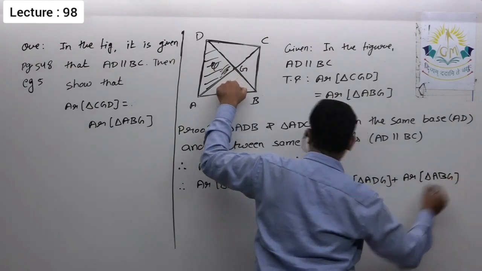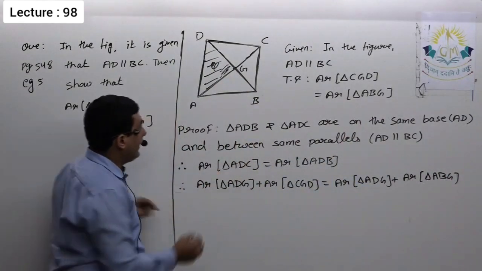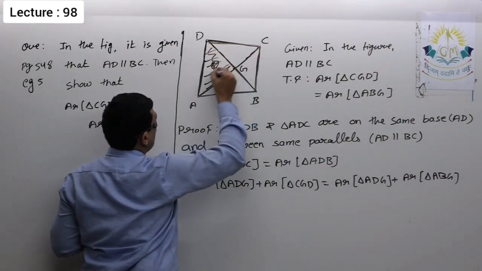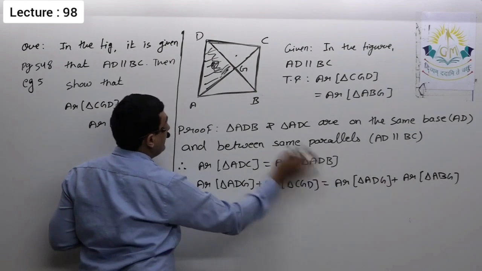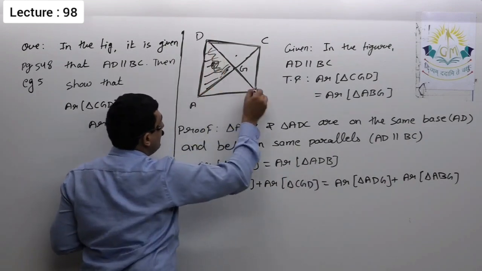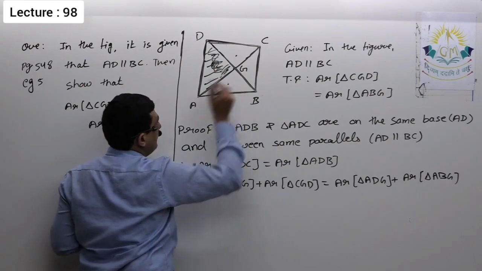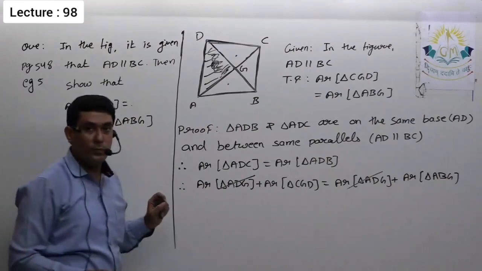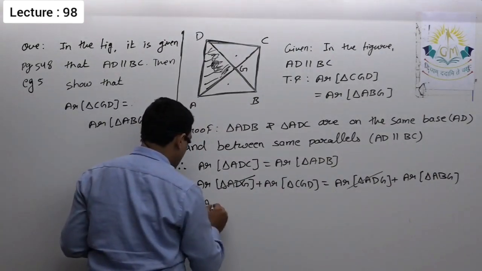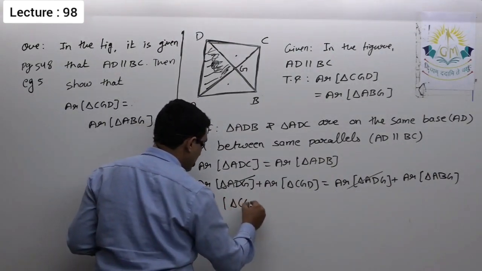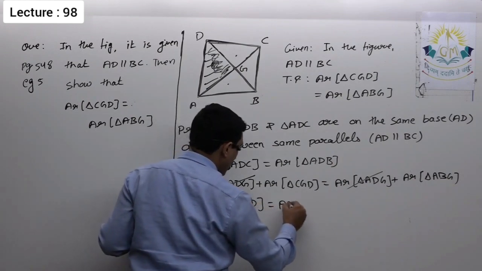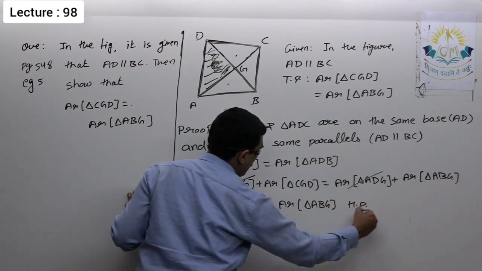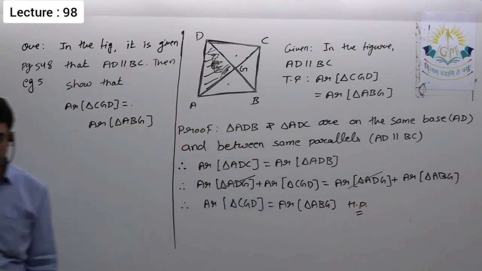Okay, I hope you are getting this. Here ADC I wrote as this plus this, and triangle ADB I wrote as this plus this. Now I can say these two ADG and ADG cancel from both sides. So here I will get area triangle CGD is equal to area triangle ABG, and that was the thing that I needed to prove. So hence proof. So please note it down.